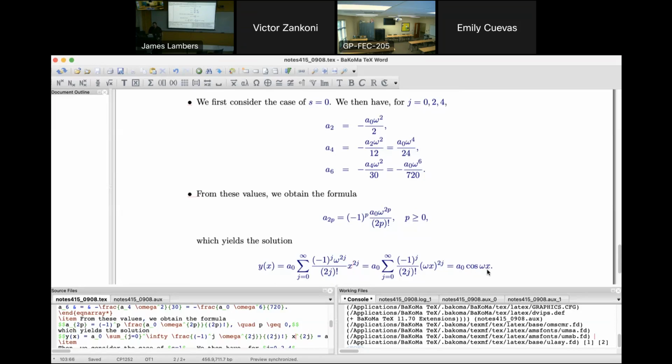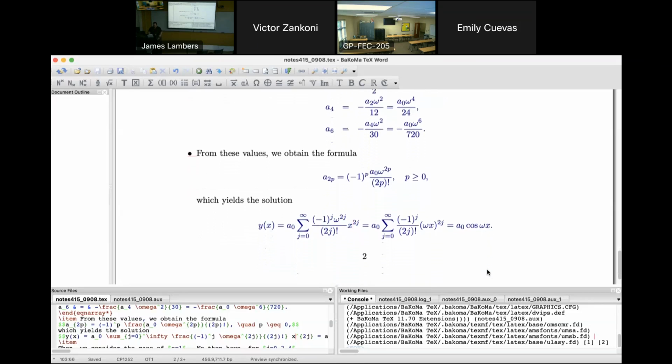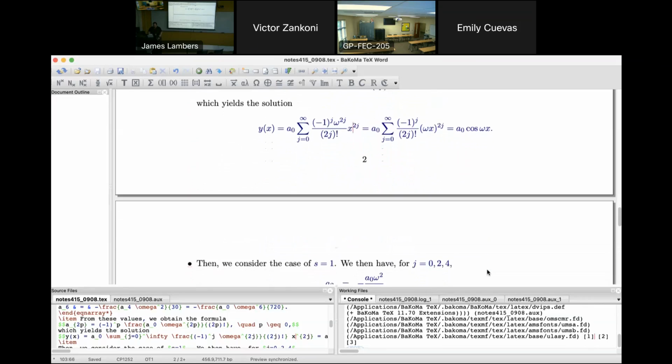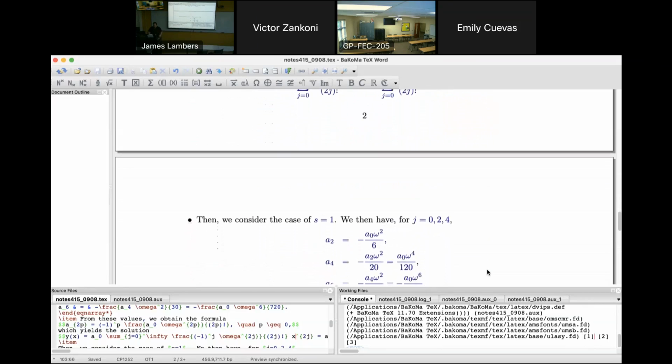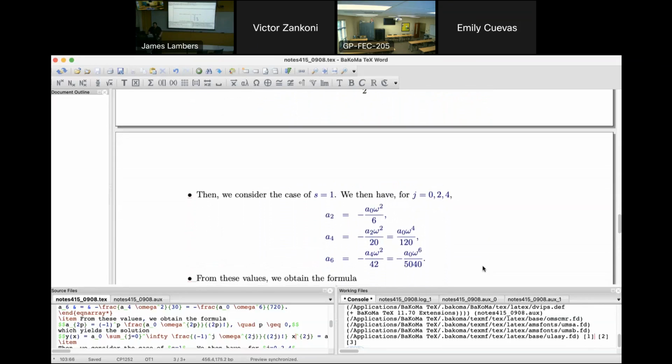Any questions about how we arrived at that? We choose s equal 1. We see a similar thing happening. We still have the even powers of omega that match the index.